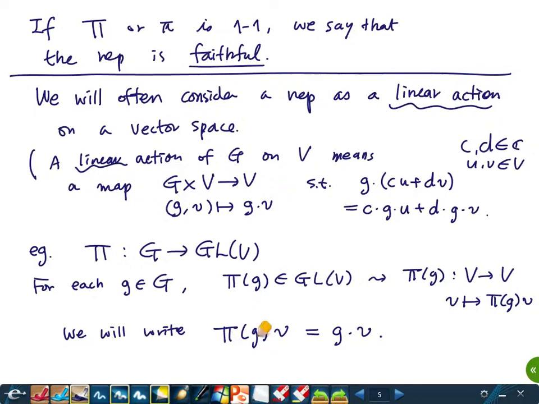If there are many parentheses, it usually looks complicated. So because we assume that we understand this representation, once it is given, we will simply write it this way instead of writing pi all the time. Sometimes, if necessary, we will write pi, but usually we will think of this as an action and simply write this way.